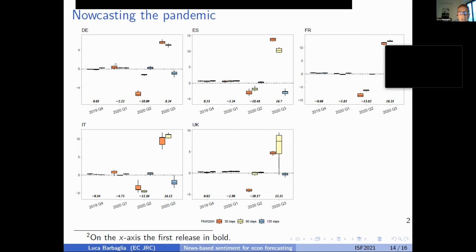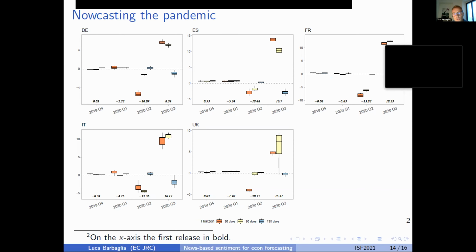What you can see is that when considering the first quarter of 2020, we are not able to get the drop, to get the forecast going down, despite the fact that the sentiment indicators show the degradation. And this is probably due to the fact that we are using a very simple and restricted MIDAS approach that was not able to capture the highly non-linear behavior of the economy in that period.